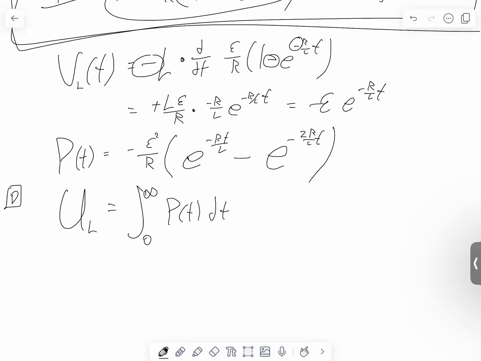And e to the infinity is infinity. We don't have any e to the infinities. We have e to the negative blah. E to the negative infinity is 0. Anything to the negative infinity is 1 over that thing to the infinity power. E to the negative infinity is 1 over e to the infinity. Multiply e by itself infinite number of times to get infinity.